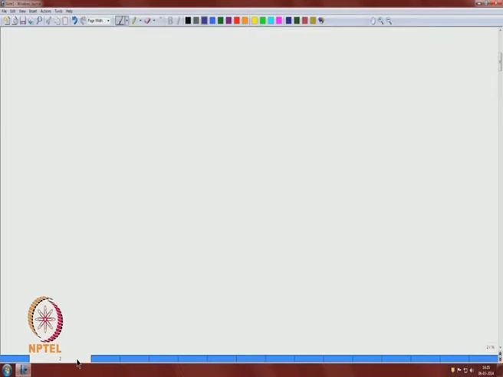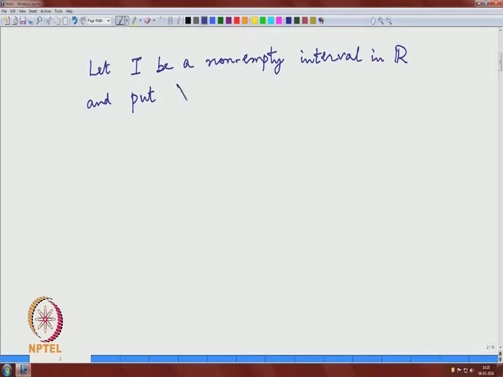linear dependence and independence of solutions. For that, let I be a non-empty interval in R. This can be finite, infinite, does not matter, and put X equal to the collection of all real valued functions defined on the interval.